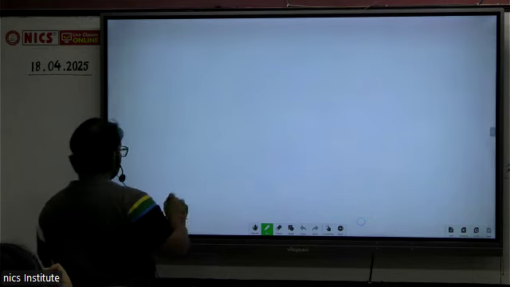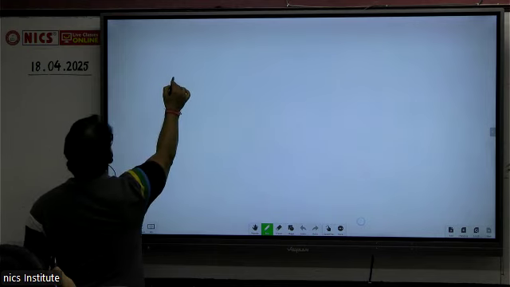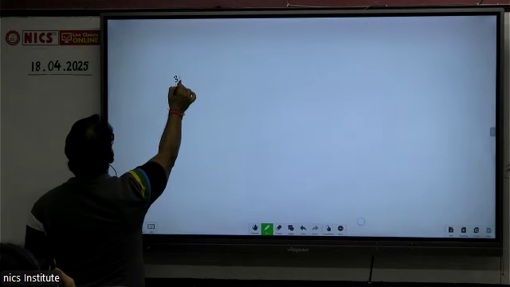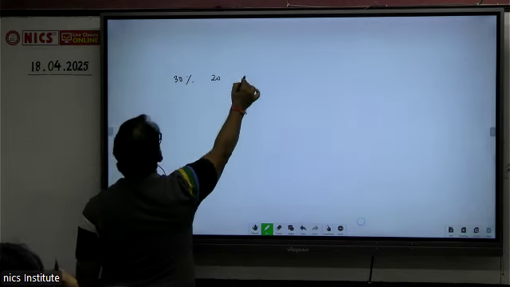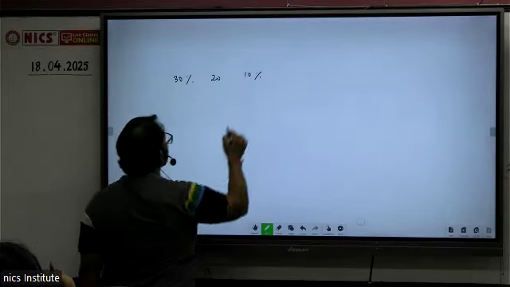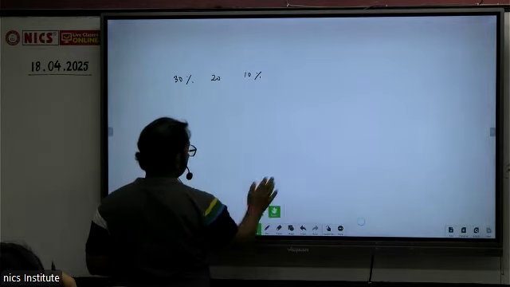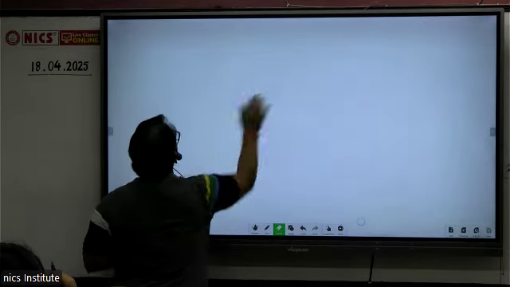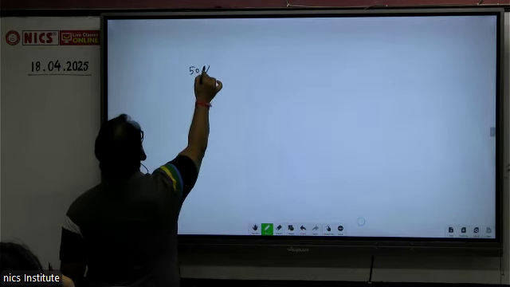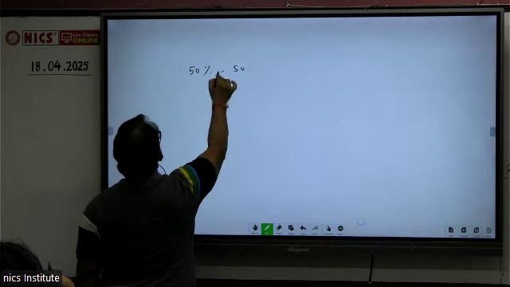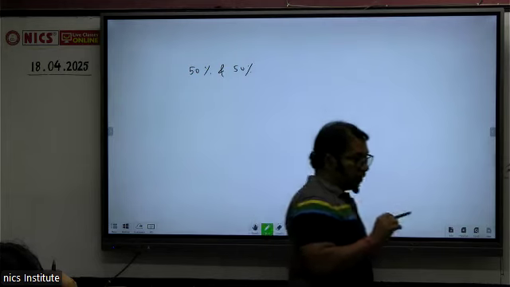Then you come across questions on this only, like there is a shopkeeper who is giving, say, 30% discount, then further 20% discount, and then further 10% discount. Or take it like this. A person is offering 50% discount and then 50% discount further. What is the effective discount?